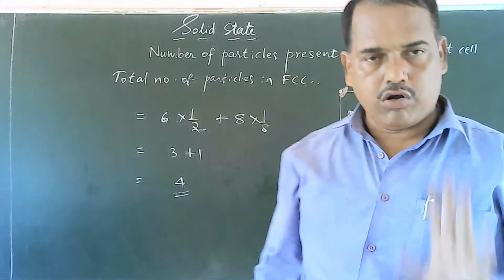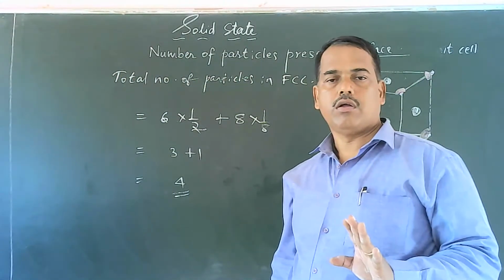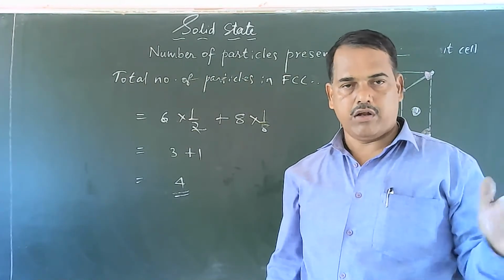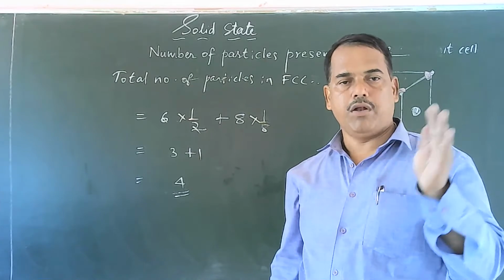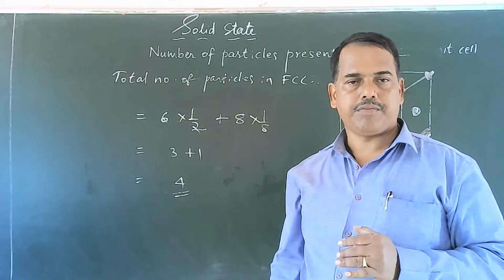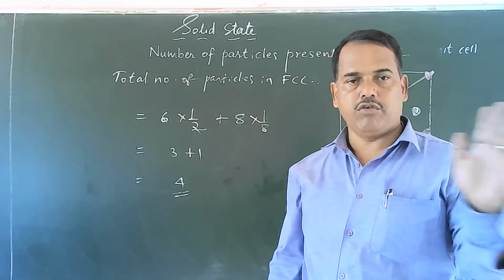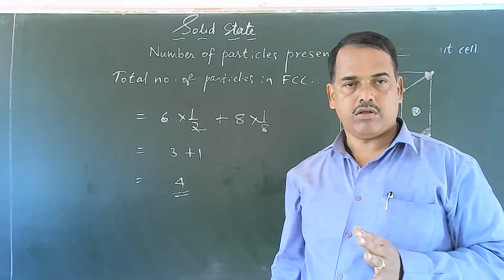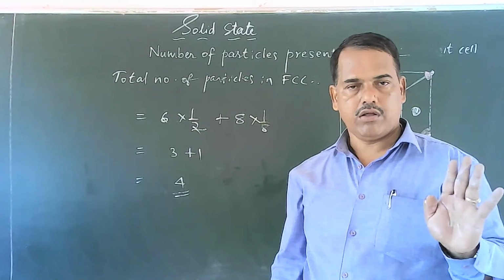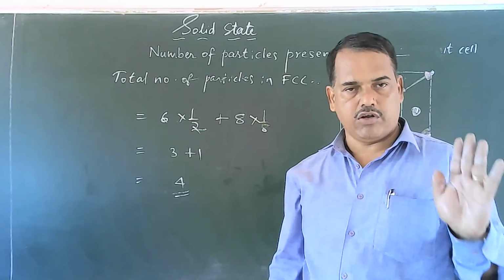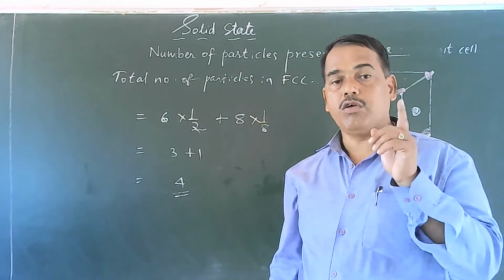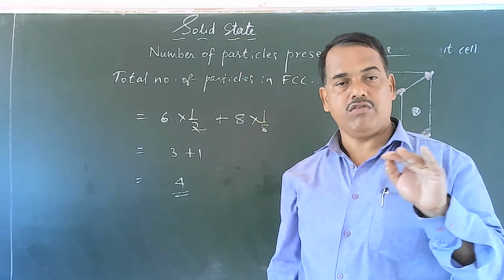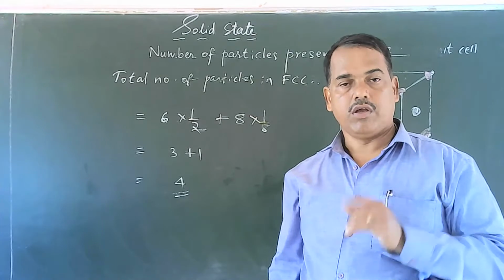So dear students, you understood the calculation of the number of particles present in a simple or primitive unit cell, body centered unit cell, and phase centered unit cell. Are you clear? You must know what is phase centered, what is body centered, and what is a primitive or simple unit cell.